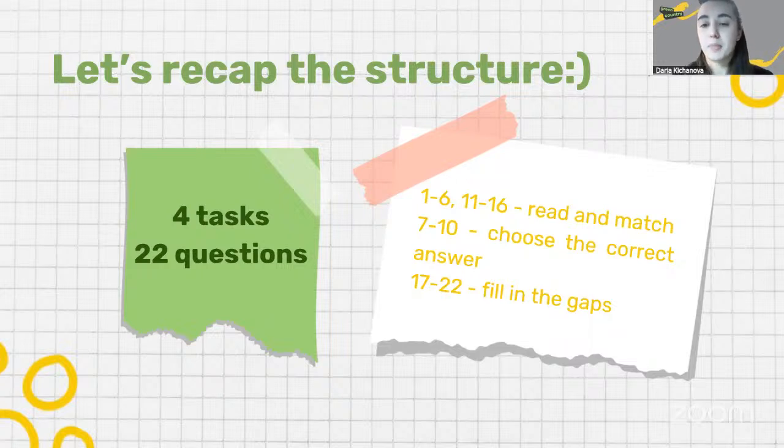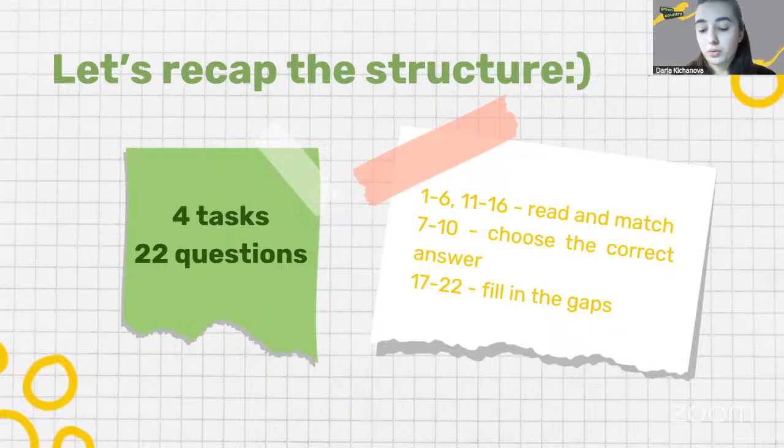If we are talking about questions 7 to 10, there we need to choose the correct answer. And the last tasks are 17 to 22, where you need to fill in the gaps to make the text logical. So we will talk about all of these tasks right now.